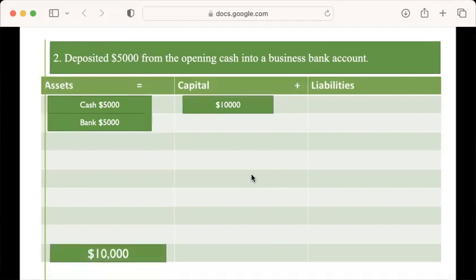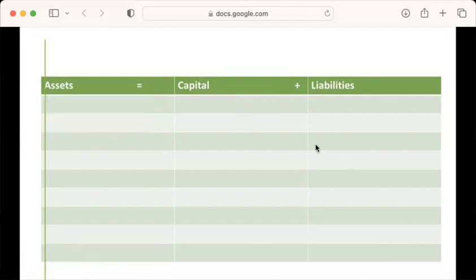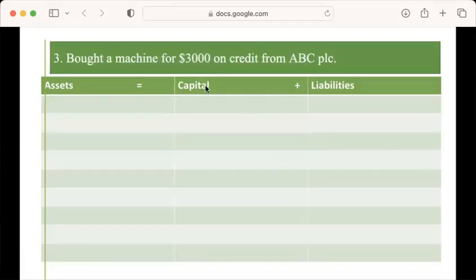So we still have assets being 10,000 and liabilities also being 10,000. Collectively, capital and liabilities are both things we owe: capital we owe to the owners, and liabilities we owe to external parties.